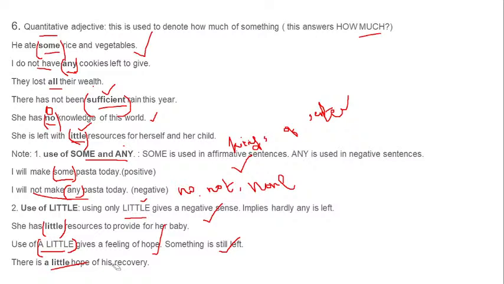But when it is only little, with no article, the sense is a negative one, that the amount or the quantity is very little, so the situation is a negative one.